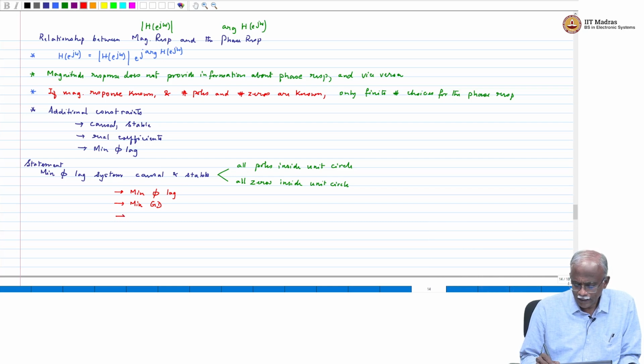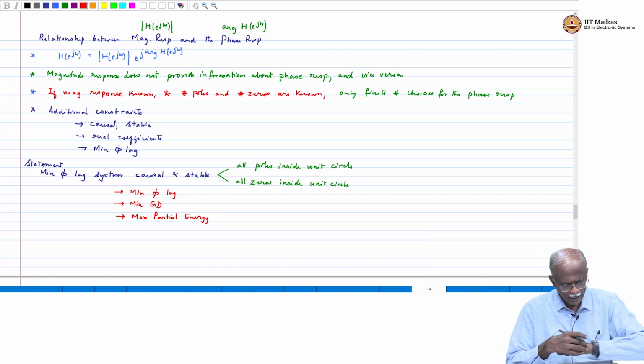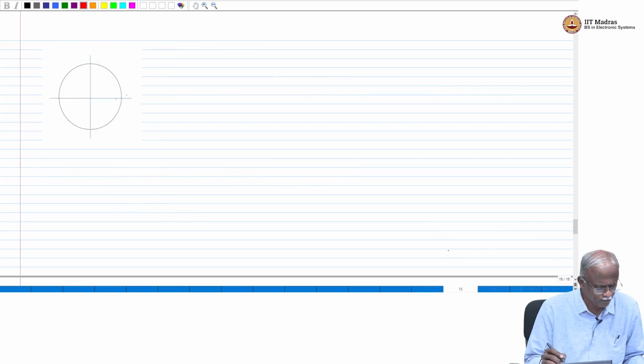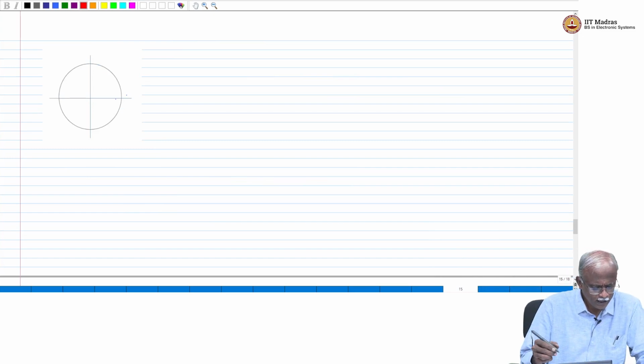And it has what we call maximum partial energy. We are going to see that. It's going to give us some very important and interesting insights in terms of our understanding of discrete time systems. So here is the important consideration.